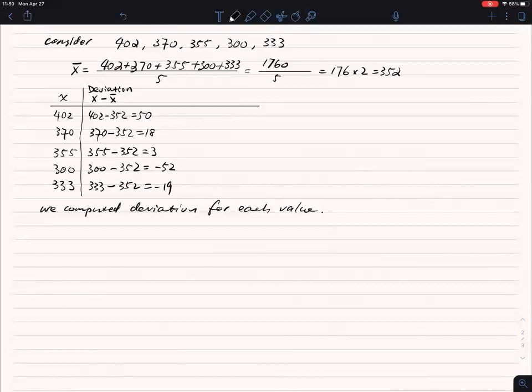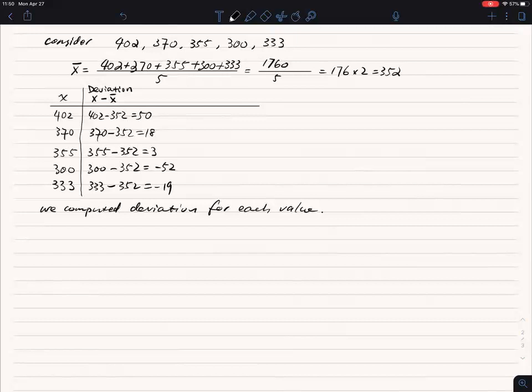So in statistics, remember, we do not focus on single values, on individual values. We always would like to find some trend or tendency in general, which means on average, right? So what we want to know is, on average, how far is each value away from the mean?